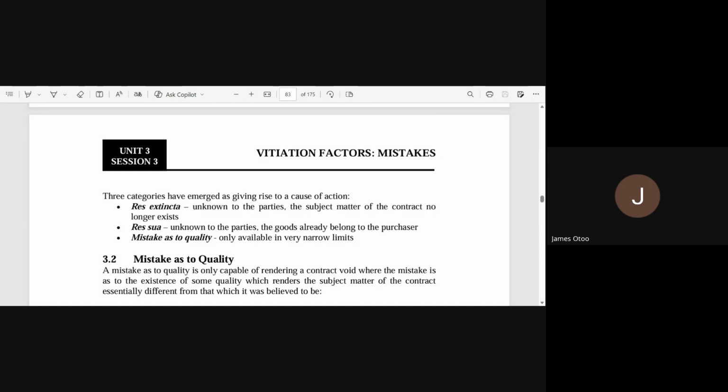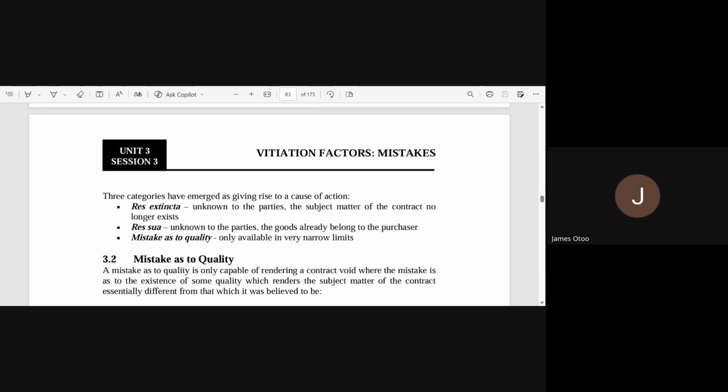You just came back from UK and you wanted to surprise your dad, and therefore you have bought a house in Ghana. Unknown to you, your father has already registered the house in your name. So the one who sold the house to you, between you and that person, there is no contract. That's what we call res sua.